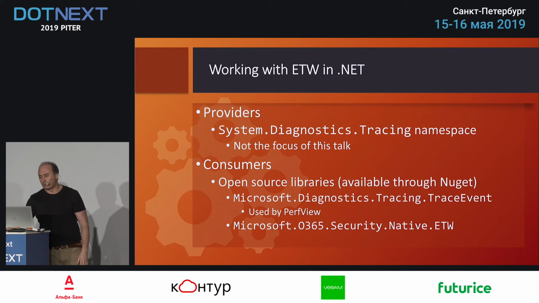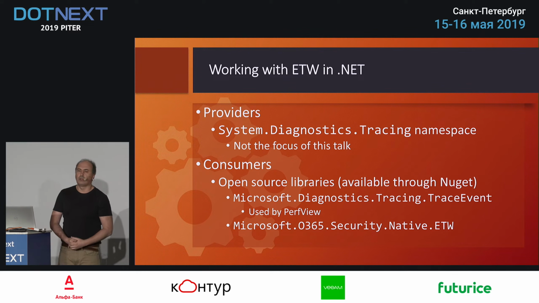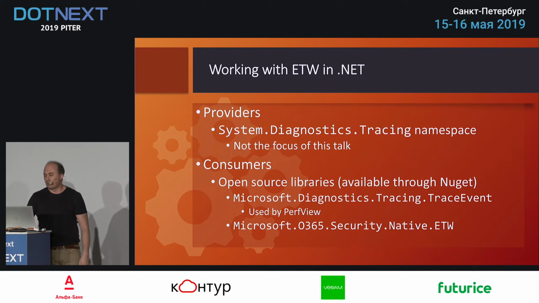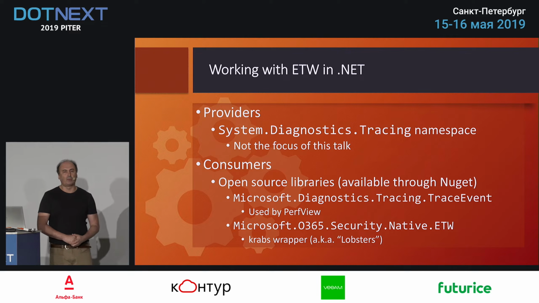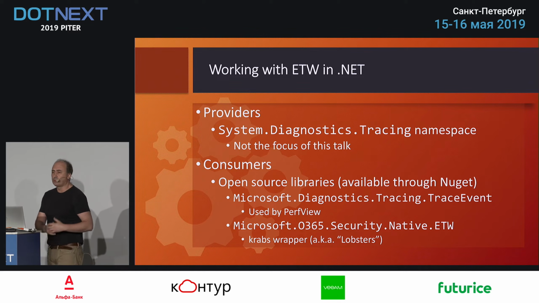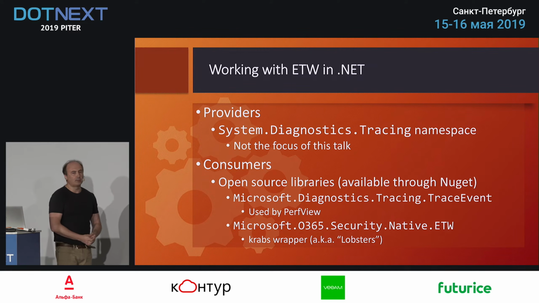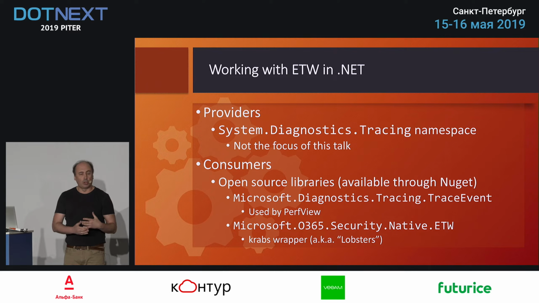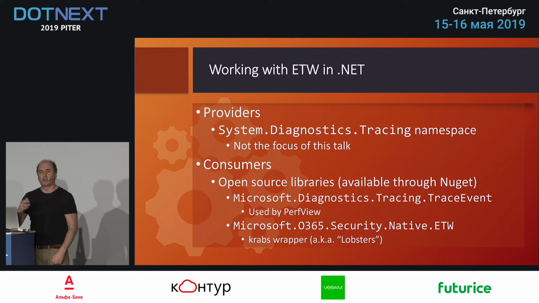There's another library called KrabsETW, with a K by the way. It is a C++ library that was created by Microsoft for its own internal use, but then it was open sourced. There's a wrapper around it called Lobsters. That's, I think, the sense of humor at Microsoft: there's Krabs with a K and there are Lobsters.